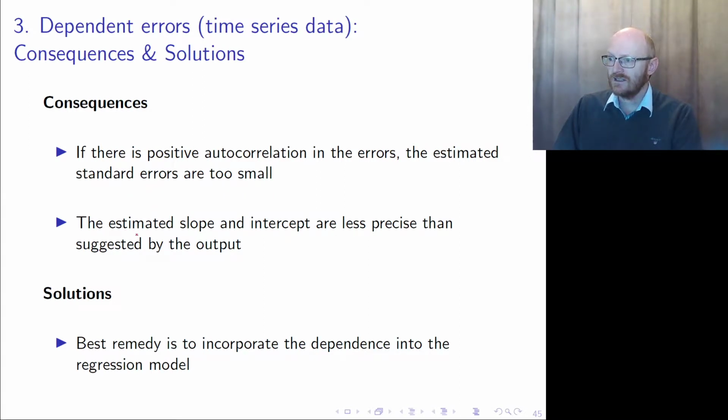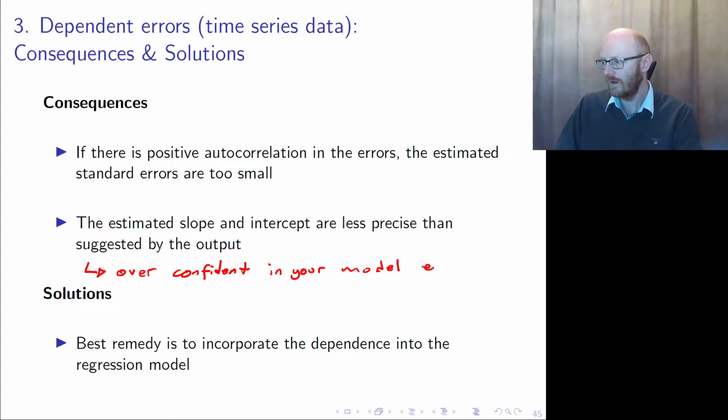And the estimated slope and intercept are less precise than suggested by the output, which means that you get overconfident in your model estimates, which makes you believe that your model is actually better than it actually is.